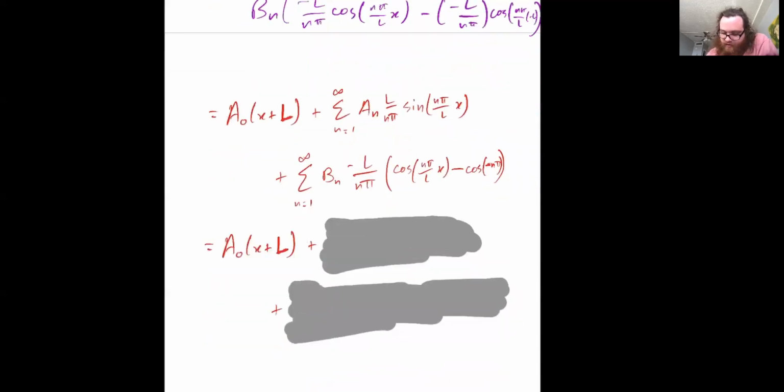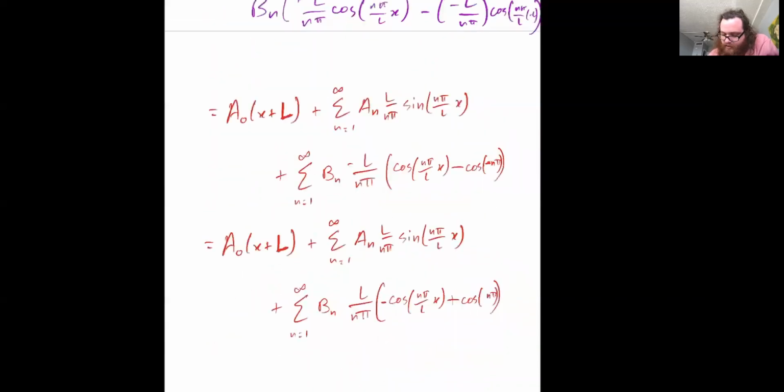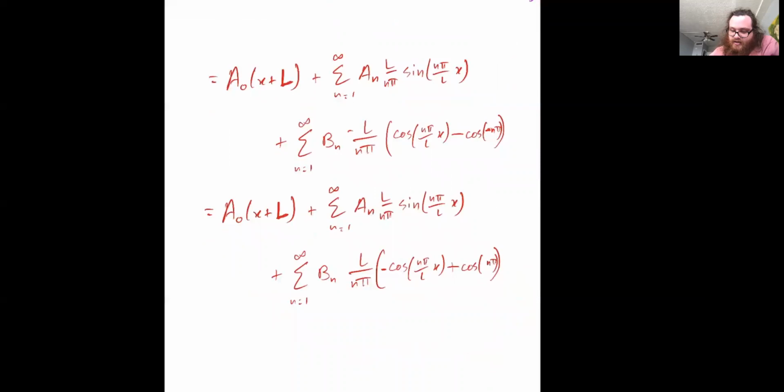I haven't yet simplified, but if we go through and simplify it, it's exactly what I said. So what we've seen is if we just integrate the Fourier series, we're going to get this polynomial piece plus a Fourier series. Almost.